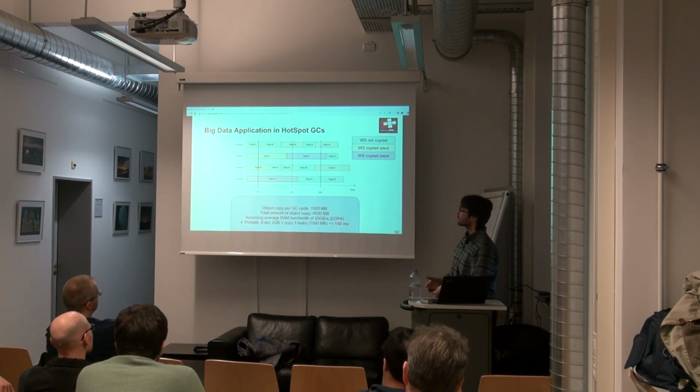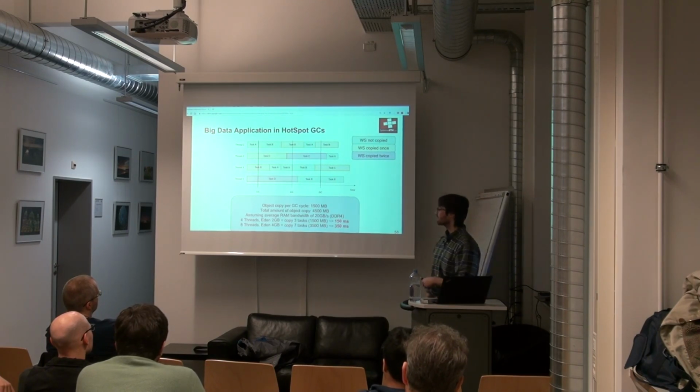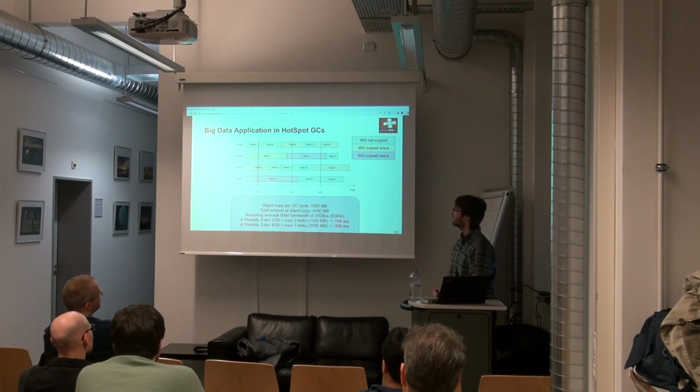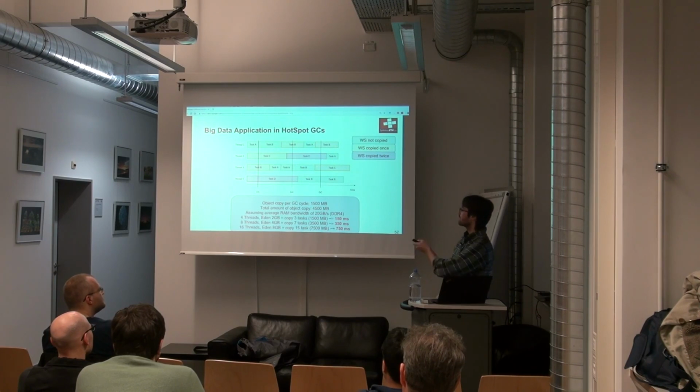If you scale this up to 8 threads, we end up with at least 350. And this doesn't even count traversing the object graph and all the other work. It's just the theoretical minimum for the copy. For 16 threads, we end up with 750.